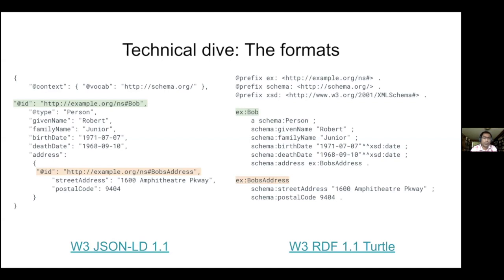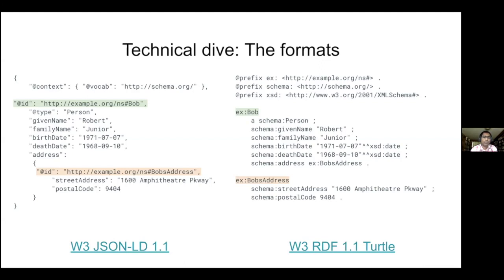As you can see, one of them has been highlighted, @id, which tells us that the rest of the properties, or the rest of the keys in this document or in this subsection of the document, are referring to properties of this ID'd document. So on the left, one of the IDs is example.org/Bob, and we are talking about properties of Bob.